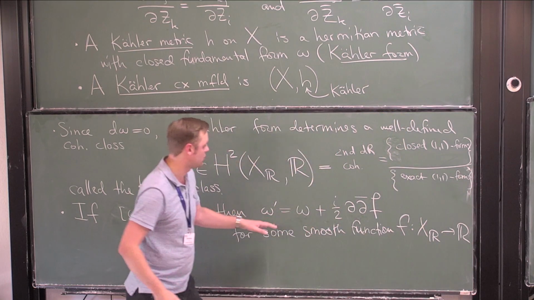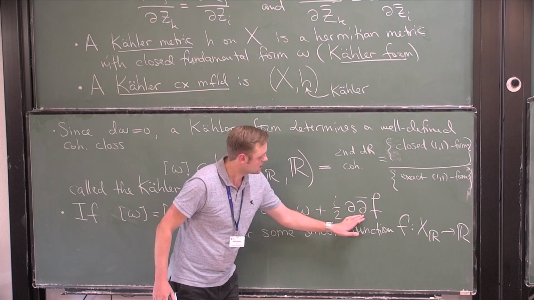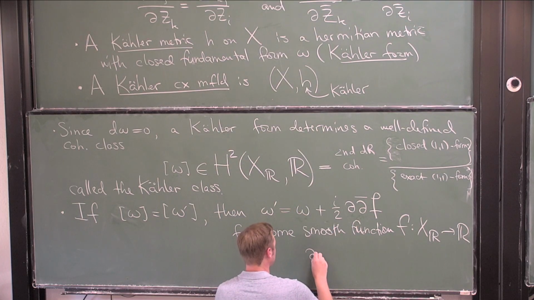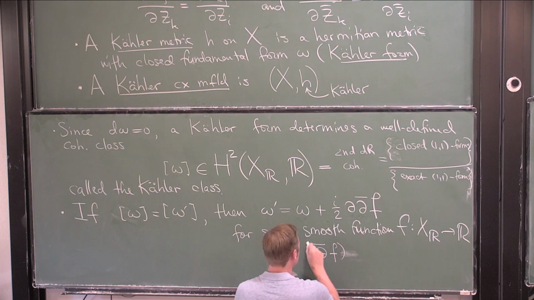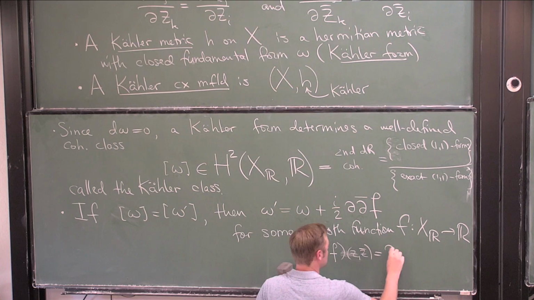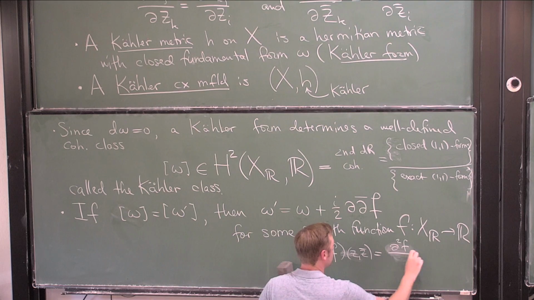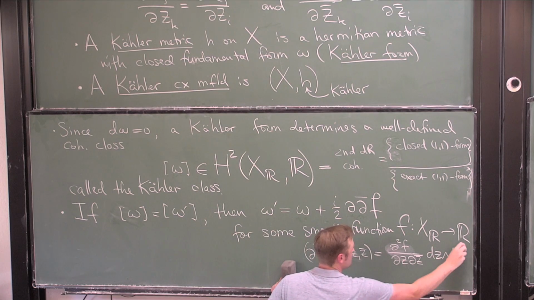What is an exact 1-1 form? This notation means that I can write it like this. If I only had one dimension, then this notation in coordinates z and z bar would literally be dz dz bar times the second derivative of f with respect to z and z bar, that is, dz wedge dz bar.